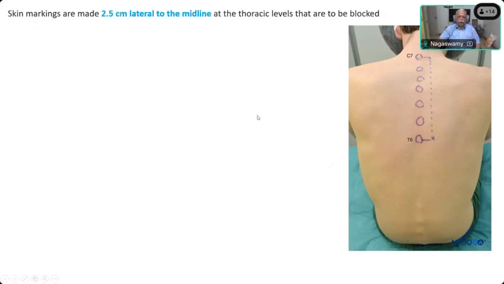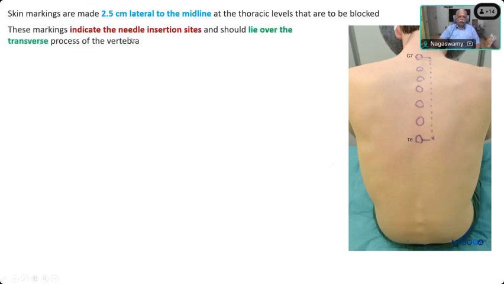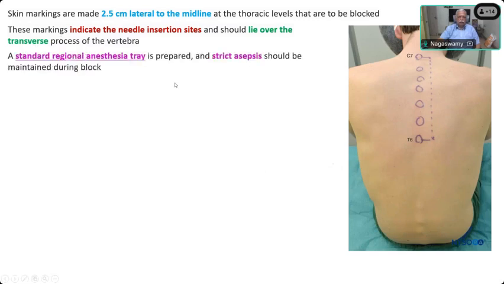So skin markings are made 2.5 centimeters lateral to the midline. These markings indicate the needle insertion site and lie over the transverse process. So when you insert the needle, straight away it will hit the transverse process.